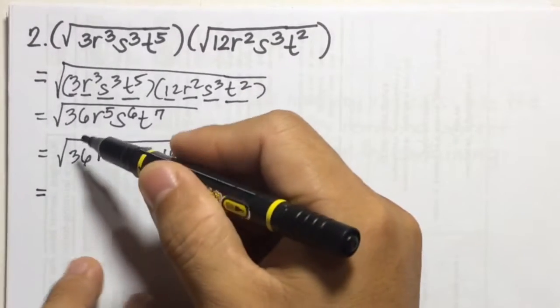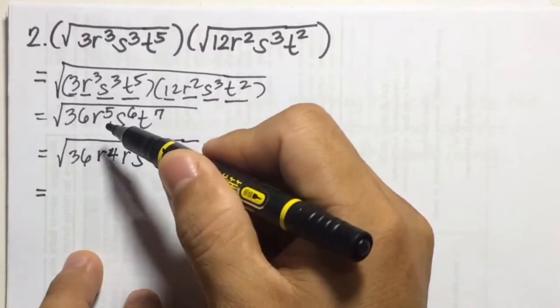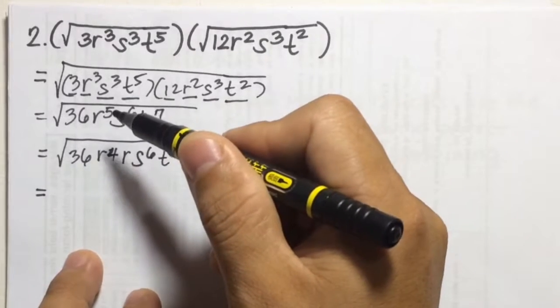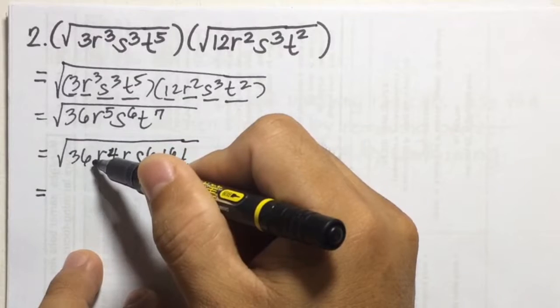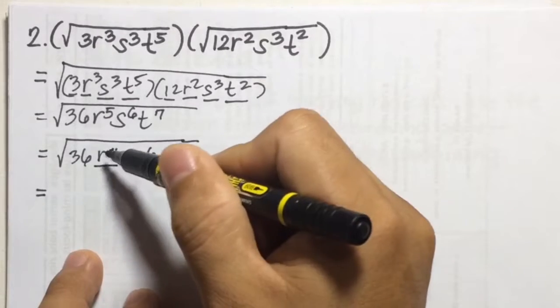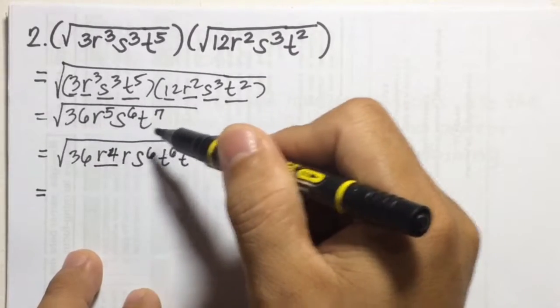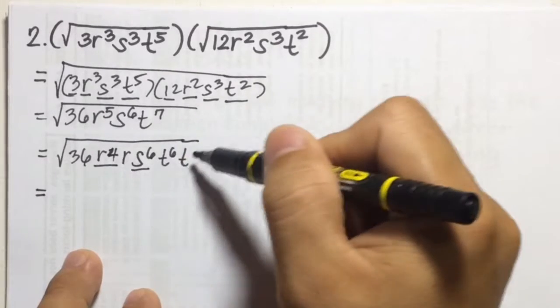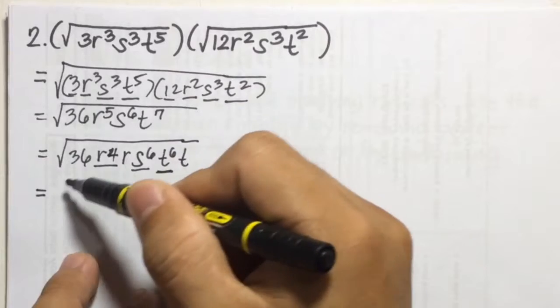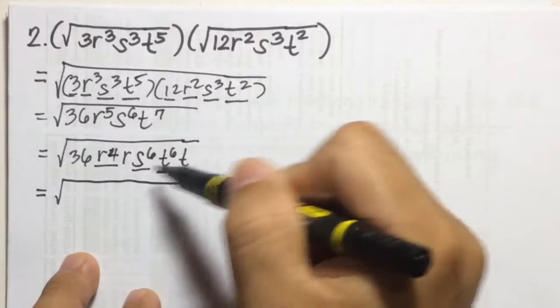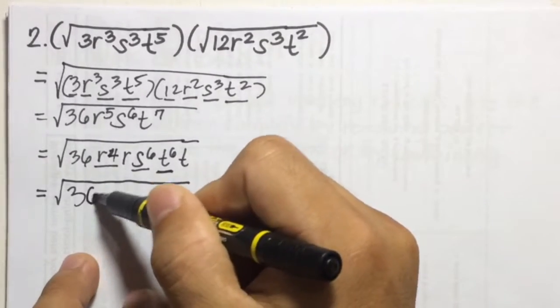So that we can apply nth root of a to the power of n equals a, we can express these as perfect squares. So we're going to have here square root of 36.